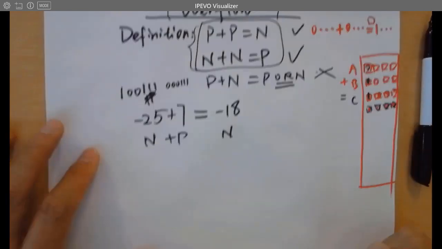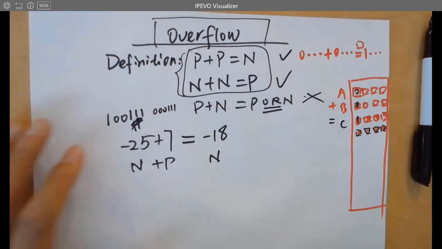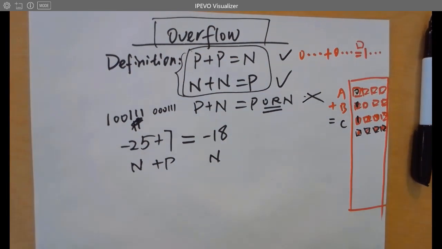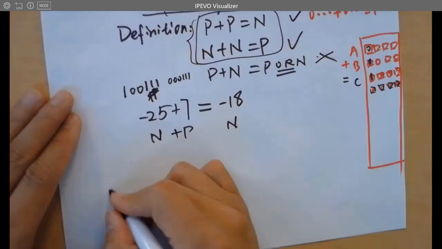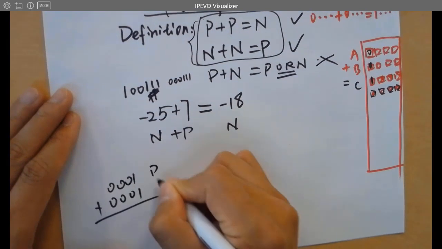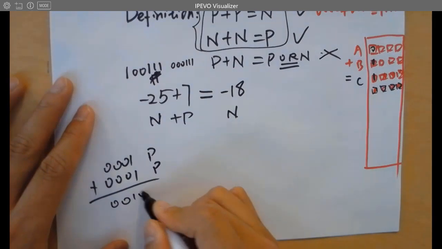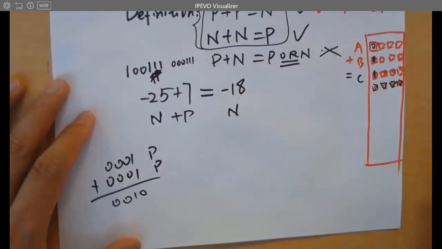And why can overflow only happen when you have P plus P or N plus N? Because you are increasing the magnitude, there's a chance. But will that happen 100%? No. 0, 0, 0, 1 plus 0, 0, 0, 1. P plus P is 0, 0, 1, 0. Still positive.